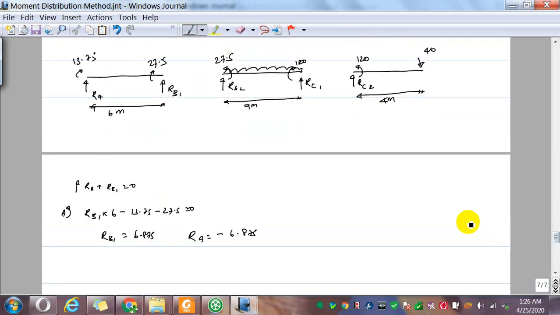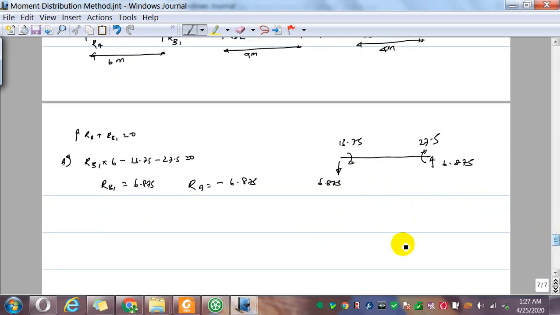Now I have the reaction, so RA is minus 6.875, so it's downward. Okay, so it's acting downward. So 6.875, and you have 13.75, and you have 27.5, and you have a vertical of 6.875.